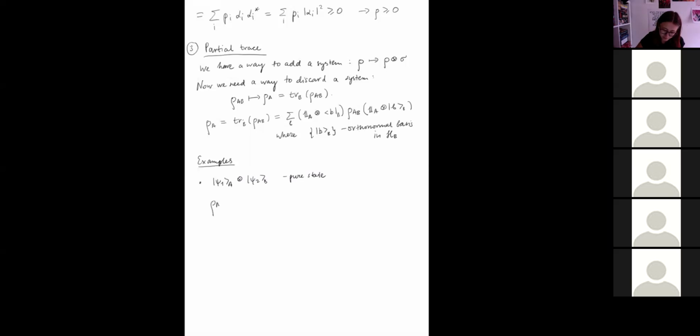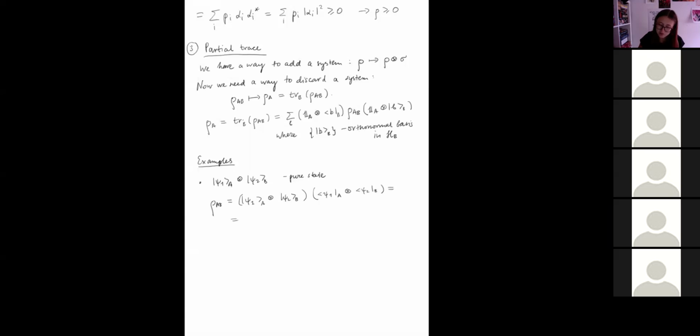Then the first question is, what is the density matrix of this joint state of the systems AB? We can write it out as psi1A tensor product psi2B multiplied by the Hermitian conjugate, so it will be psi1A psi2B.